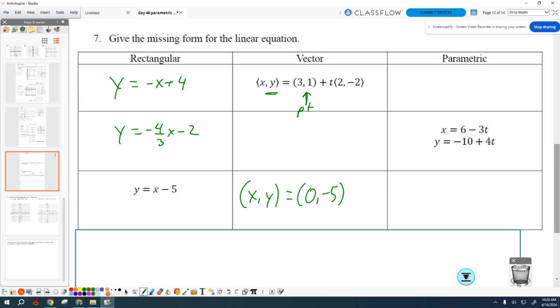It could be any point, it has to be a point that's on the line. Any point you feel like. So x is 0, y is negative 5. What is the slope, guys? This slope was 1 over 1. This goes the y's over the x's. The slope here, 1 over 1. 1, t.